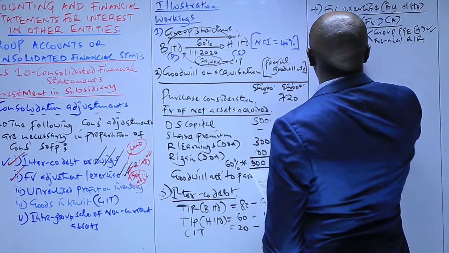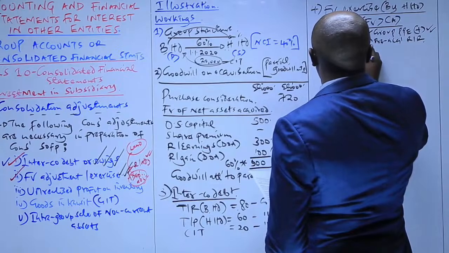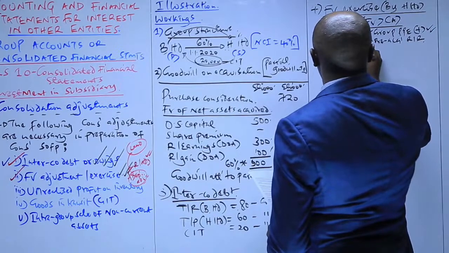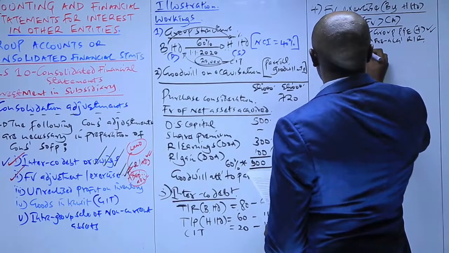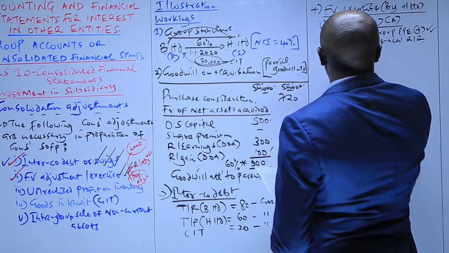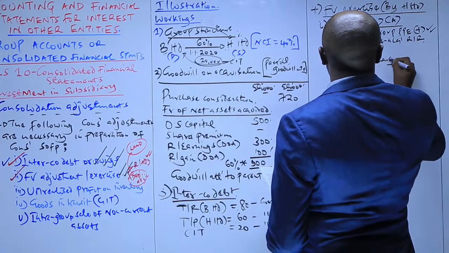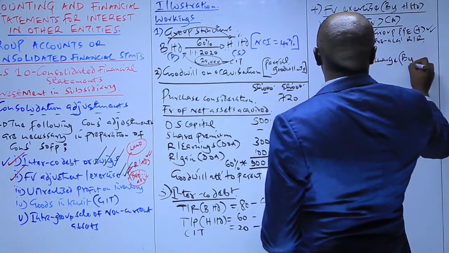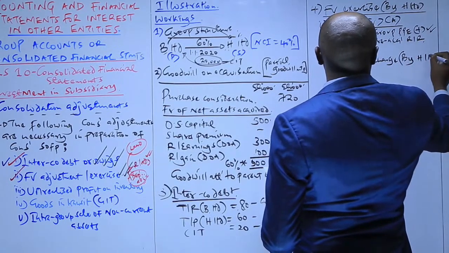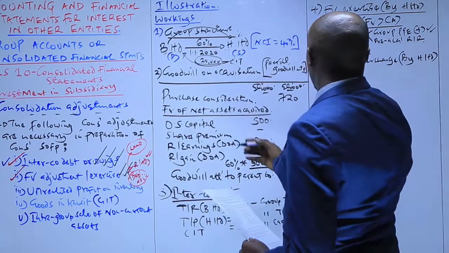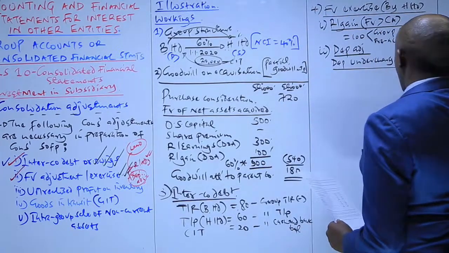Number 2, we need to make the other adjustment, and that is the depreciation adjustment, whereby we need to compute the depreciation overcharge by the subsidiary company. The subsidiary company is the one which revalued the assets. So how do we compute this?